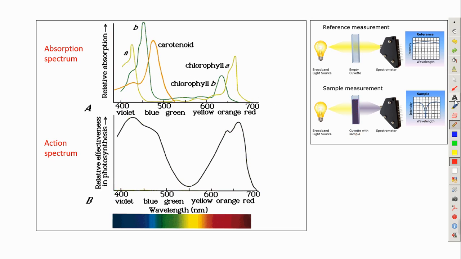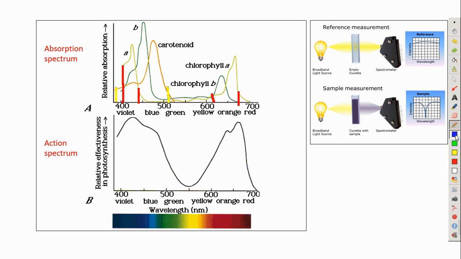If I sum up, chlorophyll A will basically absorb these wavelengths and these ones, whereas, for example, carotenoids are mainly going to absorb these wavelengths. Okay.